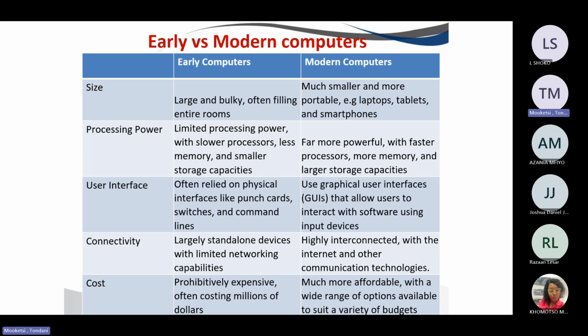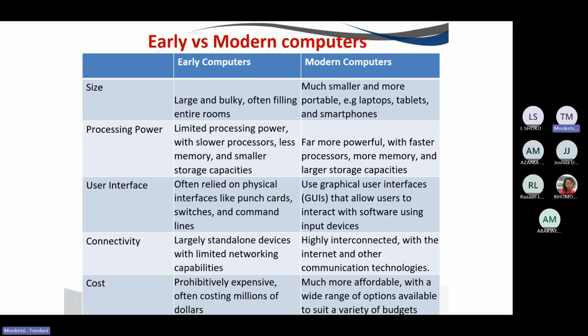But today, with just a click of a button, you are able to do many actions in the computer. So that is how you can compare in terms of processing speed.